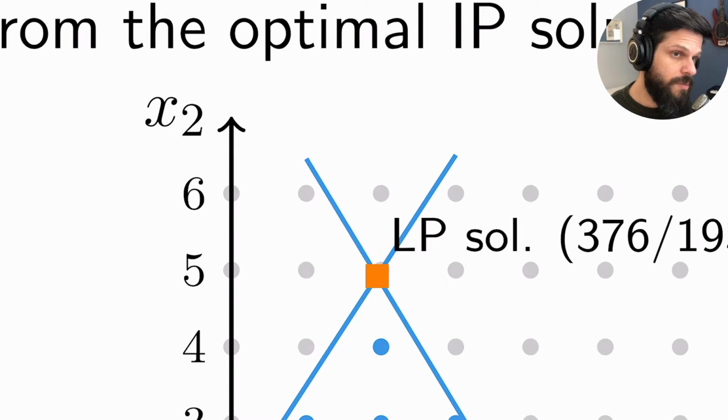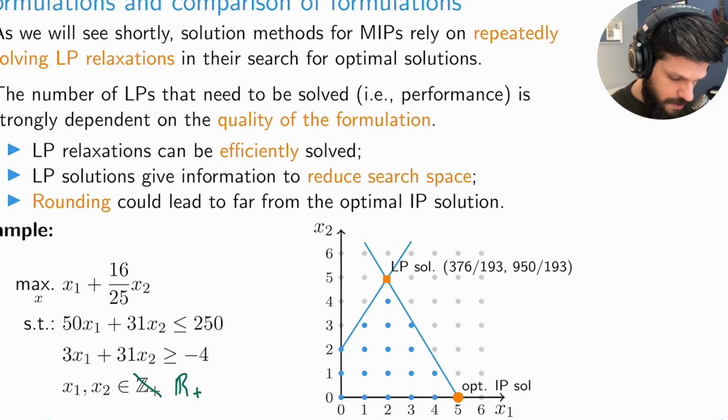In the case of x2, you could round to either 4 or 6. If you round x1, you would end up with either this value, which is infeasible, or that value, which is infeasible.